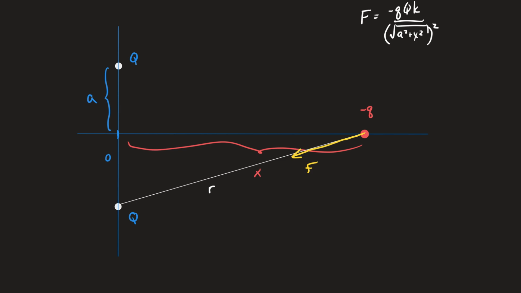We want the part of this force that is along this line. I'm thinking cosine, right? Cosine of whatever this angle happens to be, theta. In fact, my expectation is that I only want the part of the force in the x direction, which would be this force times the cosine of theta.